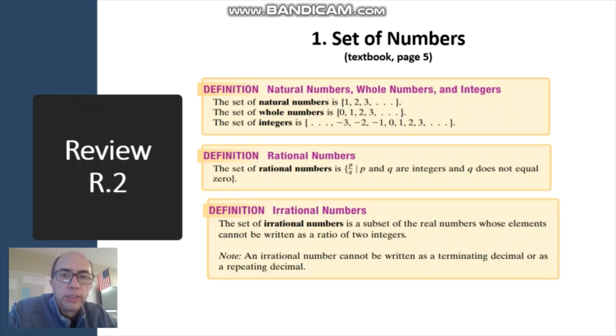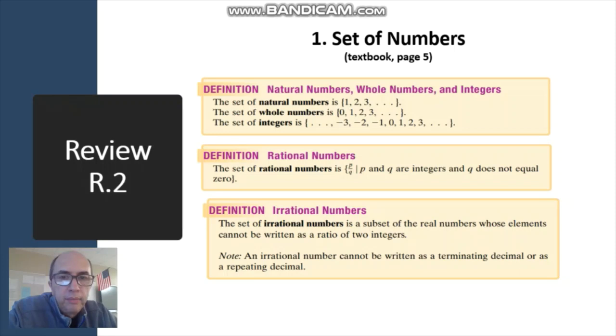It's easy to understand. And now let's introduce the set of rational numbers. It's a little bit more complicated because rational numbers are represented by a fraction, a ratio, like numerator over denominator. The numerator is an integer and the denominator is an integer, right?